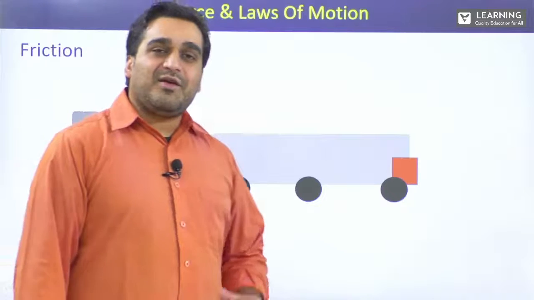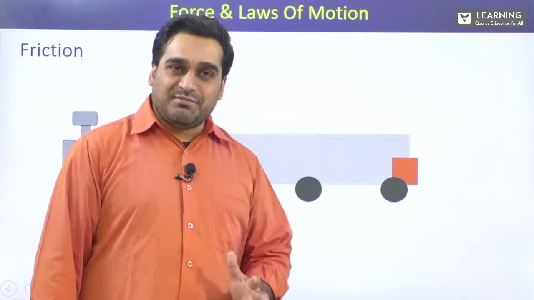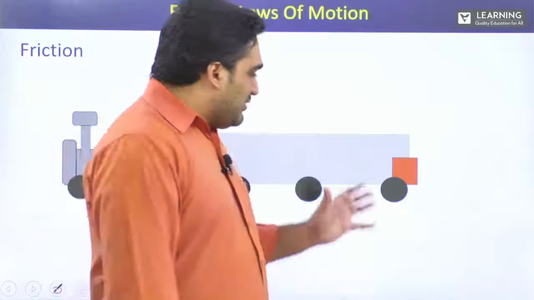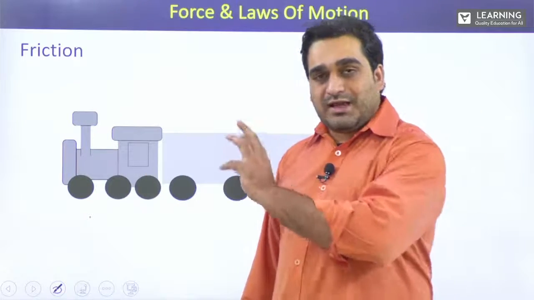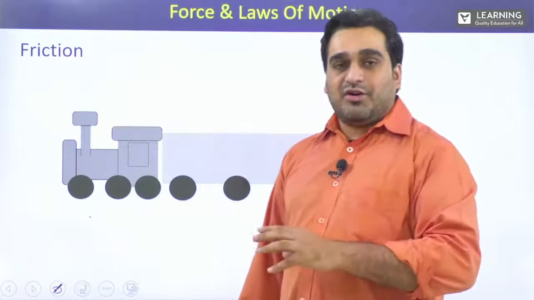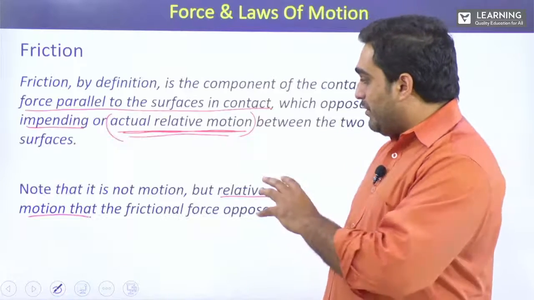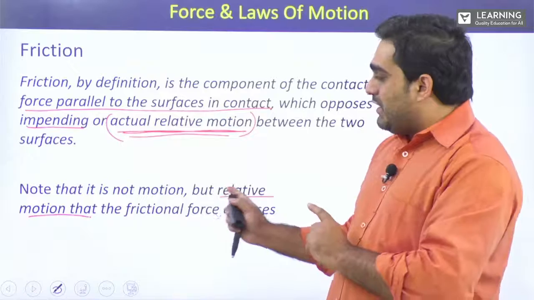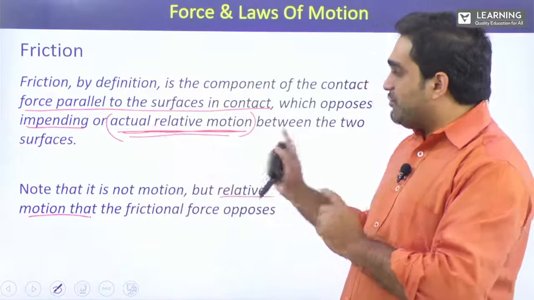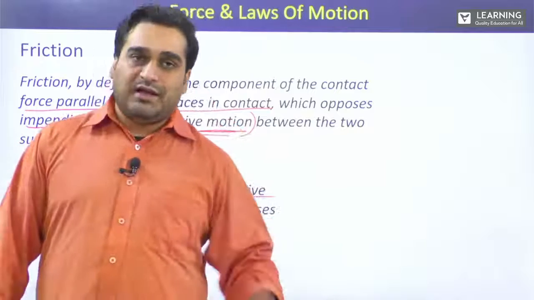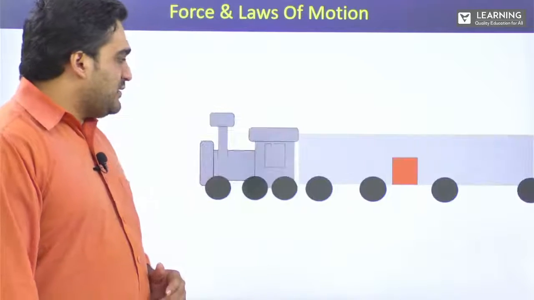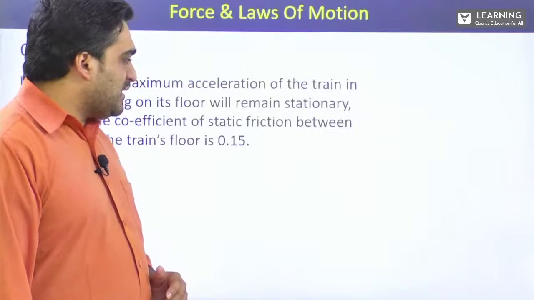Now you understand why static friction is important. So this concept is what relative motion is in friction: actual relative motion between two surfaces, one with respect to the other surface. I hope this is clear.